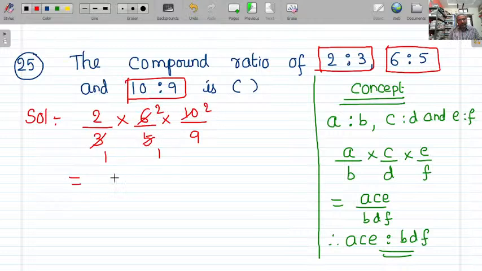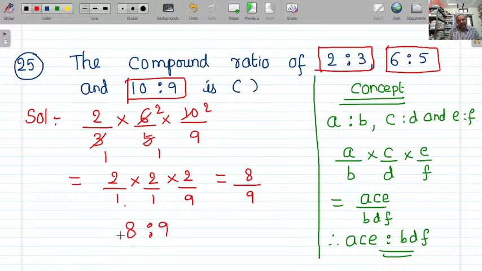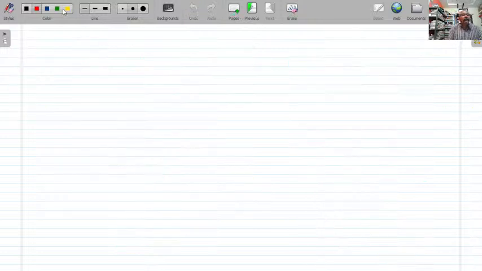See, now this is 2 by 1 multiplied with 2 by 1 into 2 by 9. See, 2 into 2 is 4, 4 into 2 is 8, upon 1 into 1 is 1, 1 into 9 is 9. So the required answer is 8 is to 9. So this is the compound ratio. Very good, Mahesh, absolutely correct.